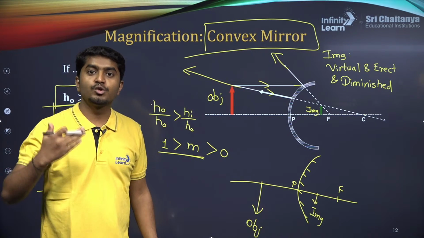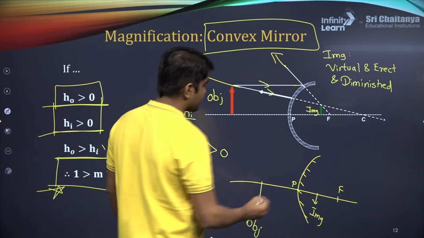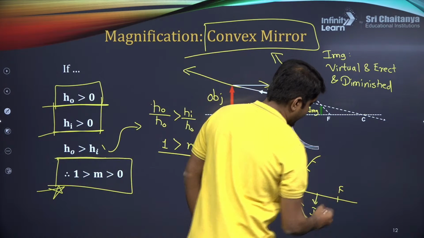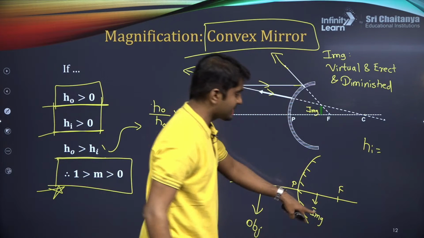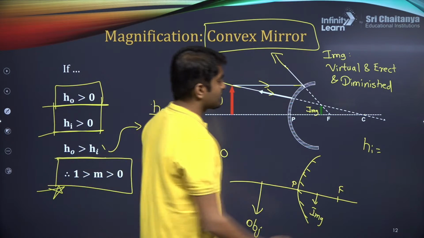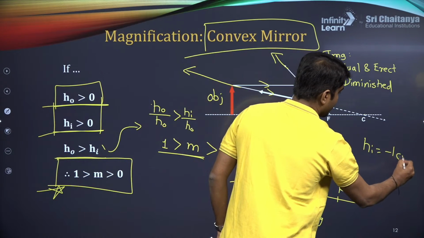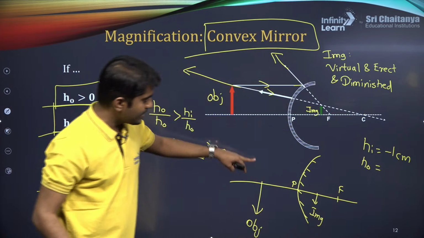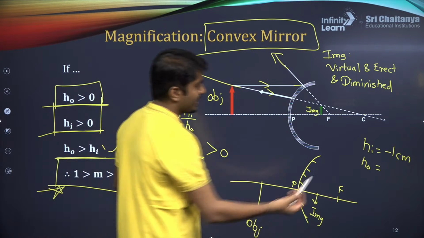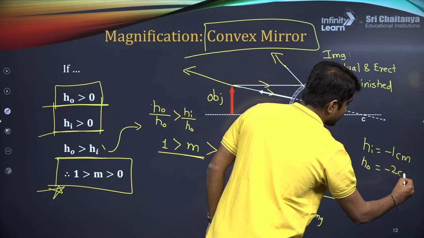So it is a ratio of two negative numbers. Let's suppose hi is in this case a negative number, let's call it -1 centimeter, and the height of the object is again a negative number but larger, let's suppose -2 centimeter.